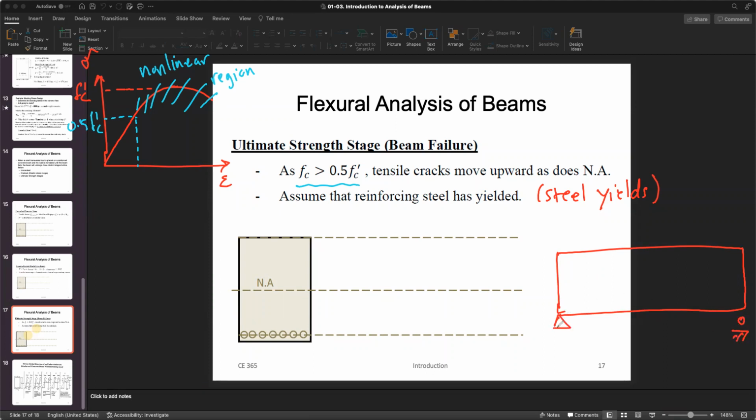Okay, so the cracks have extended a lot. They're reaching the top and ultimately crush the top surface.